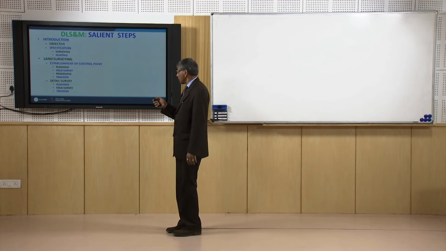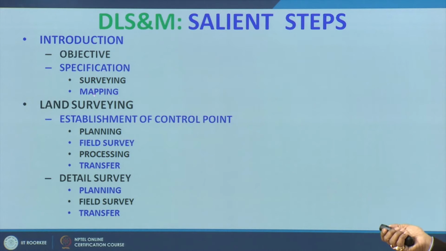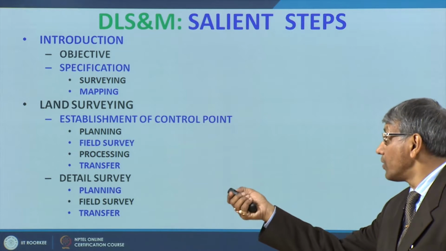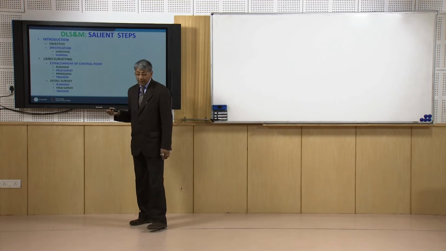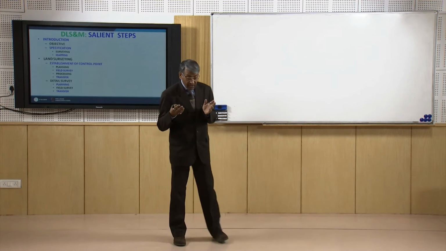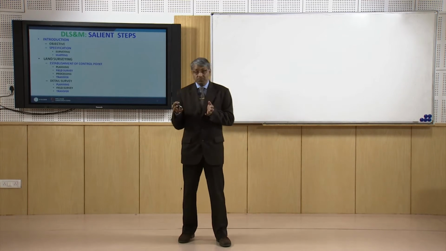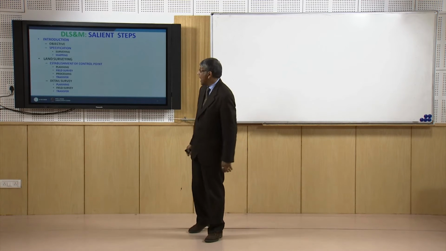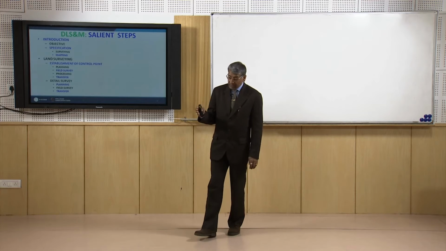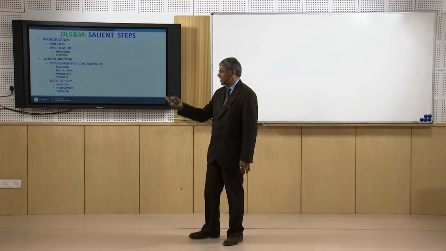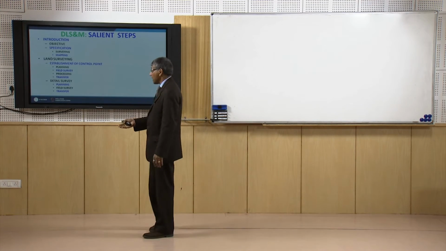Then another specification which is important is the mapping specification. That means what will be the quality of mapping, and specifically mapping quality will depend on two things. One is planimetric scale, that means if we want a very precise map, we will need a large scale map, and if we go for a large scale map, then we will need very precise quality data.